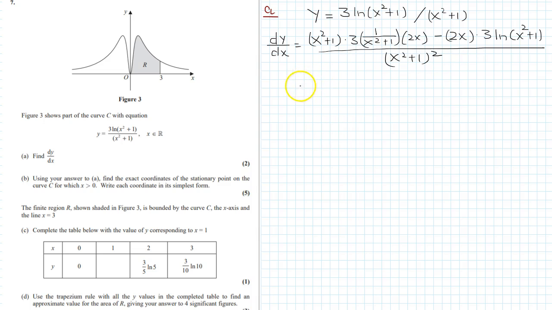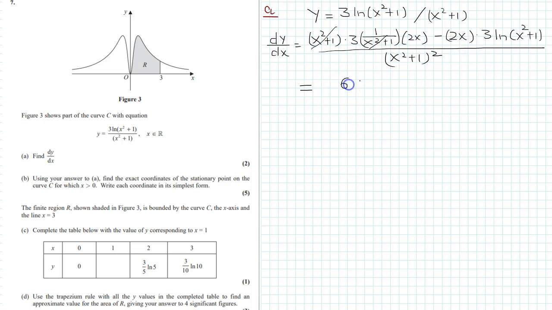So that is equal to, this is x square plus 1 and this is x square plus 1, cancel this. So this is 6x and this is also 6x.